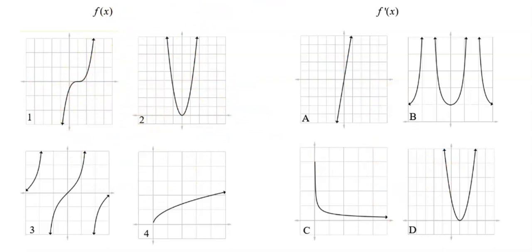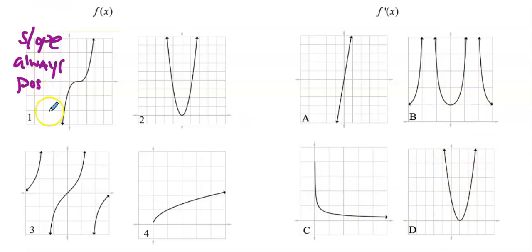The first thing I notice with example number 1 is that the entire graph from left to right is always positive. So the slope for this graph is always positive, which means my derivative graph is always going to be above the x-axis, because above the x-axis is positive. So we have 3 graphs right here where the graph is above the x-axis.